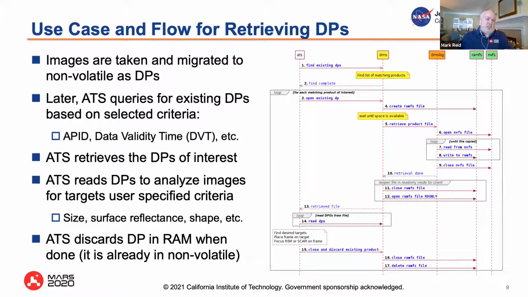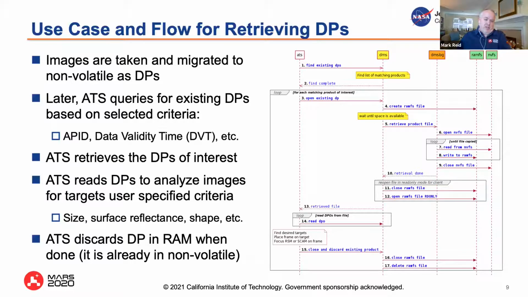So here was a use case for that. And this is why, in the context diagram earlier, I put ATS on there, for autonomous target selection, up by image, to kind of emphasize that this capability would be used for autonomously looking at data products on board.